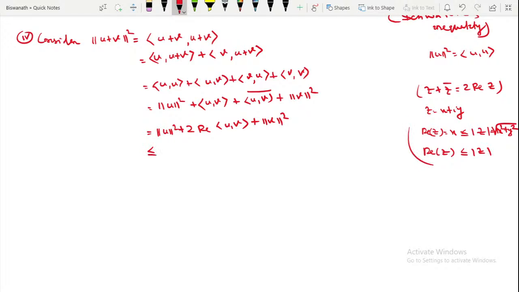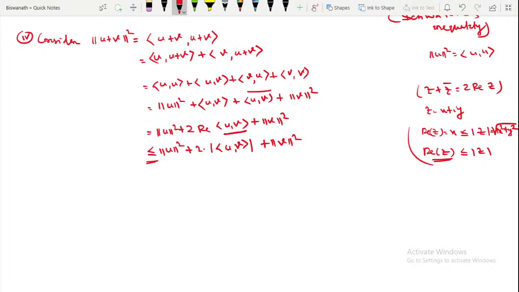So this will be less than or equal to norm u square plus 2 times, in place of real of this thing, mod of the u comma v inner product, plus norm v square.